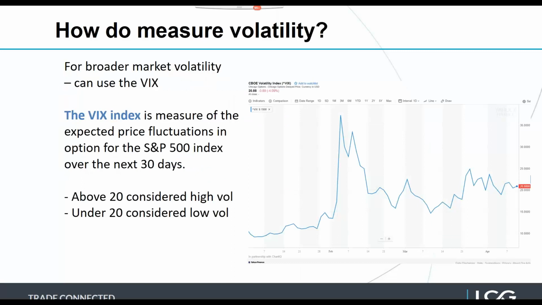So how do you measure this volatility? For broader markets, the most popular one is the VIX. I've attached a chart for year to date in 2018 here, and you can see the drastic spike higher in the VIX coming off the back of very low levels, where you can see over here we've got 10, historically a very low level for the VIX.